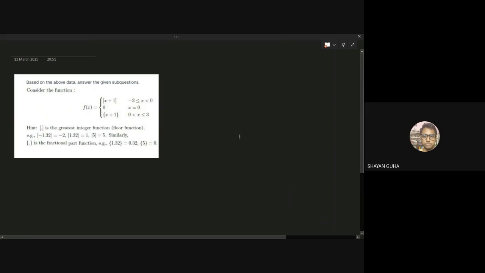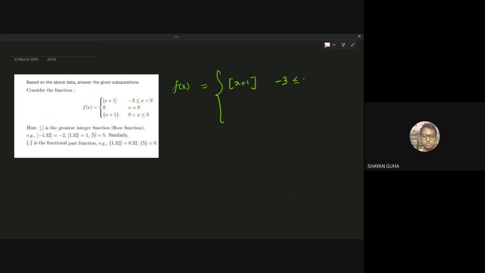So I have been given a function. Let me write down the function first. f(x) equals box of x plus 1 when the value of x is greater than or equal to minus 3 but less than 0.